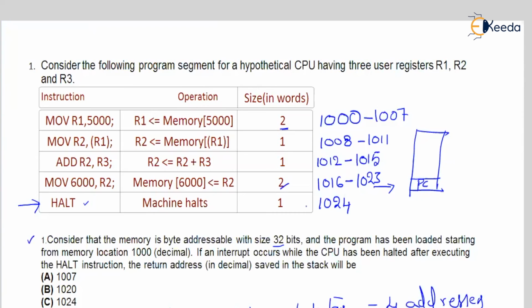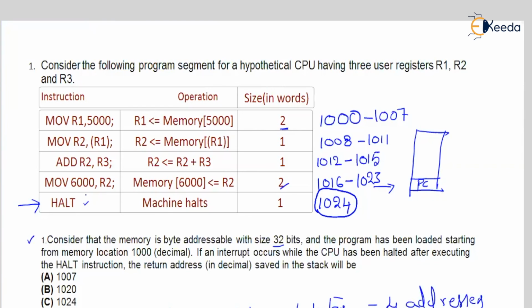Now the question is, when the halt instruction gets executed, what will be the program counter value? The important thing to understand here is that when the halt instruction gets executed, the program counter value will not be updated. While I was explaining the halt instruction, I explained clearly that only for the halt instruction, the program counter will not get updated.